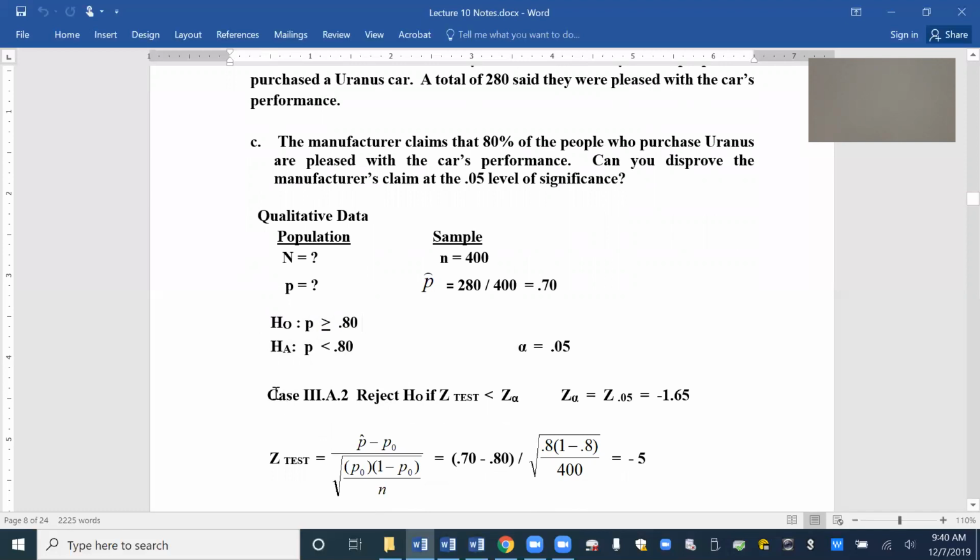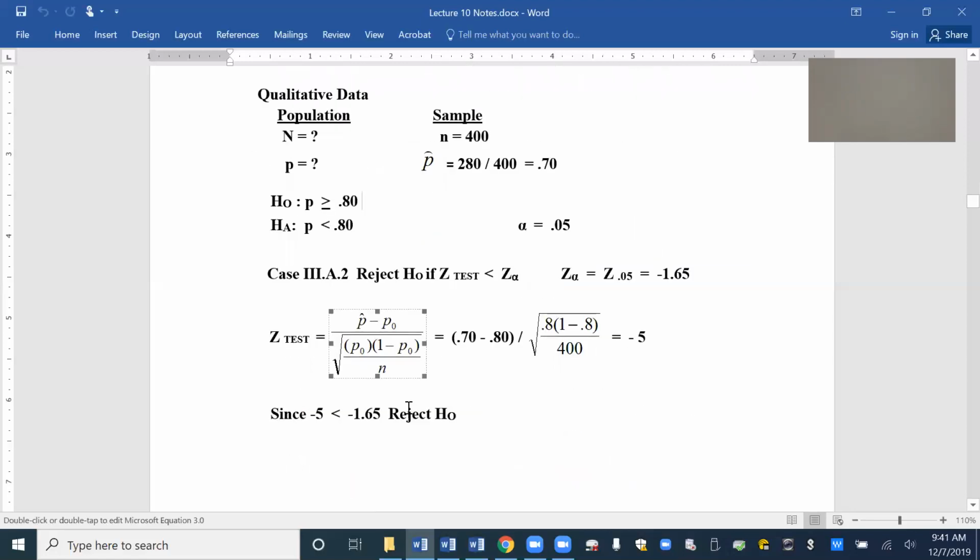All right. And we've got a case of 3A2. Reject H0 if Z test is less than minus Z alpha. Z 0.05 is minus 1.65, one of our usuals. Bingo. Tango, bongo.